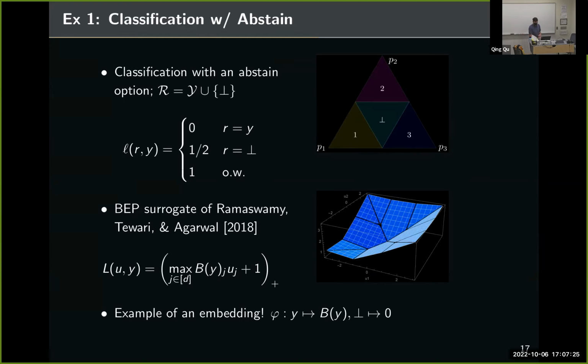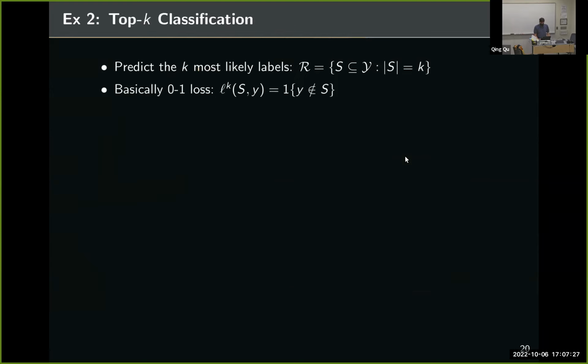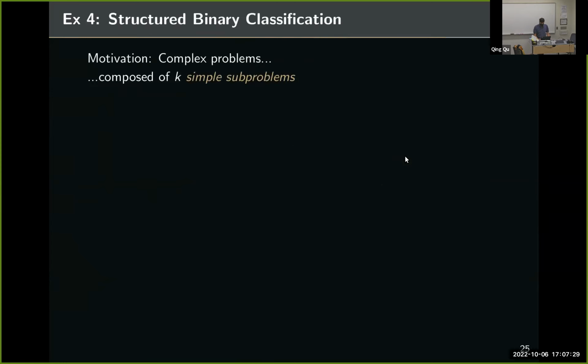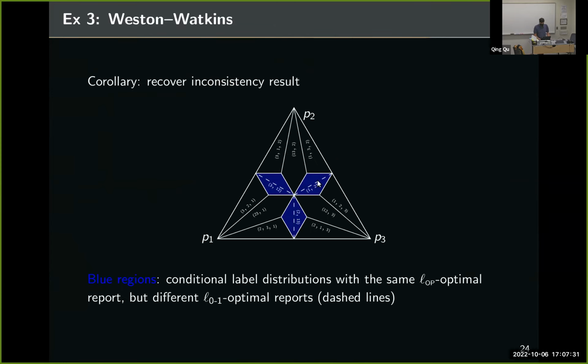So one way you could do it is, I skipped past this figure, but this is for Weston Watkins. These are the sets of distributions where you have non-calibration. And one explanation for why Weston Watkins works well in practice is that maybe your data just isn't hanging out here.